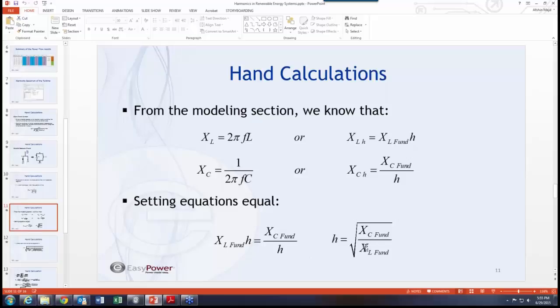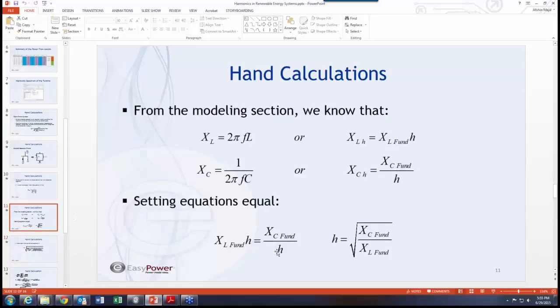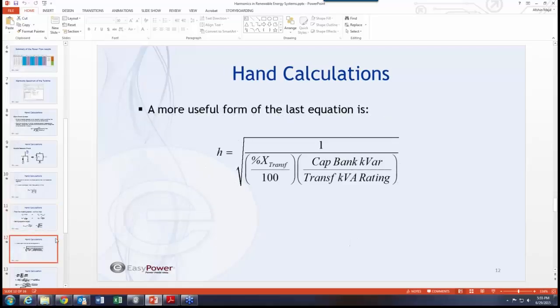h is equal to the square root of XC over XL. A more useful form of the last equation is this value, and I cut all the calculations from this point to the other point, but there is a mention of them in my previous presentations, and if you send an email, I have it. I can just prove it.